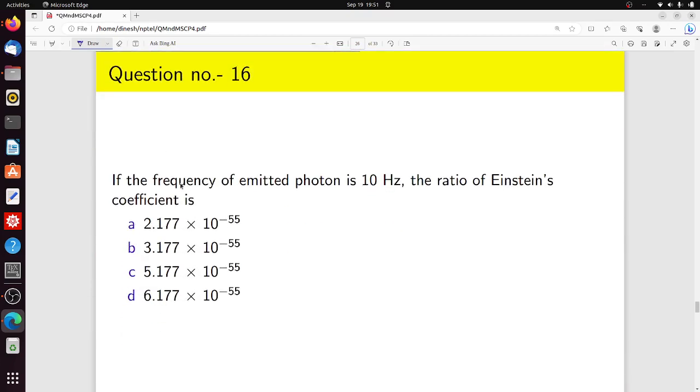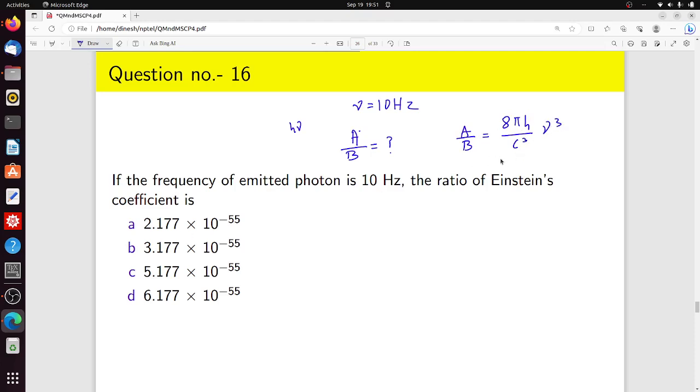If the frequency of the emitted photon is 10 hertz, what is the ratio of Einstein's coefficients? The emitted frequency is 10 hertz, so nu is 10 hertz, and you are asked the A by B ratio. You might not remember this one, so let me tell you: the A by B ratio is 8 pi h over c cubed, times nu cubed.